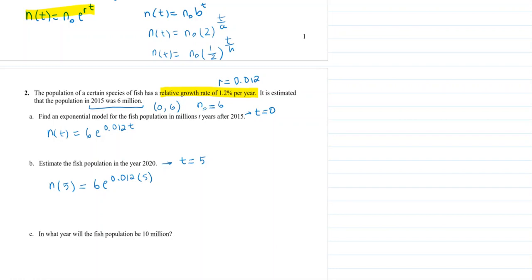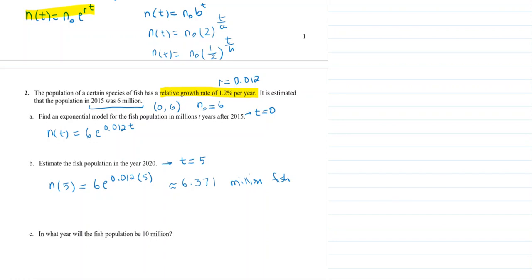Let's see what we get. Looks like it's approximately 6.371 million, because we are measuring this in millions. We plugged in 6 million for the initial number, about 6.371 million fish.